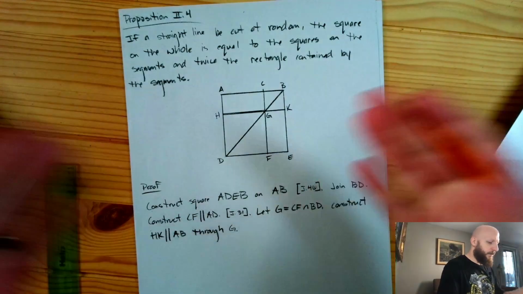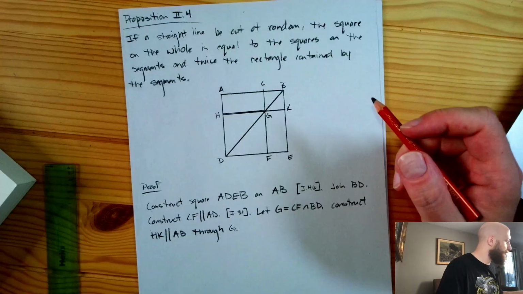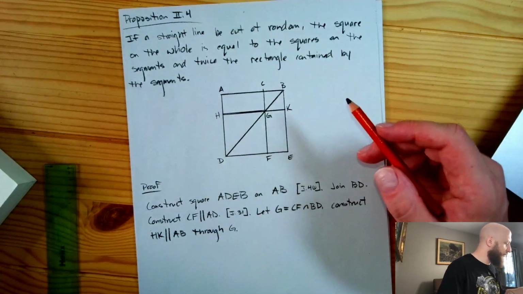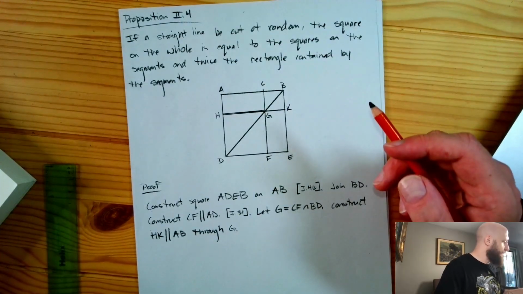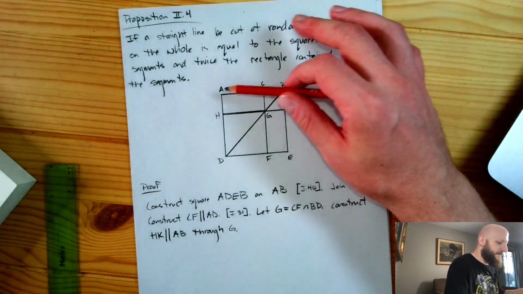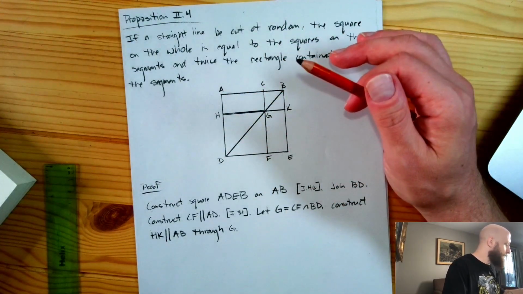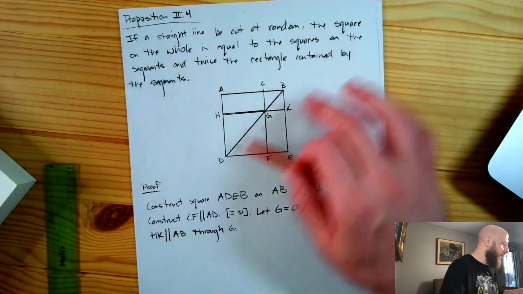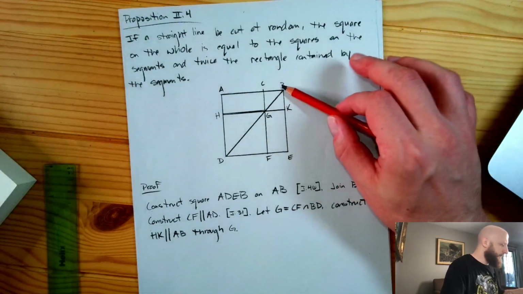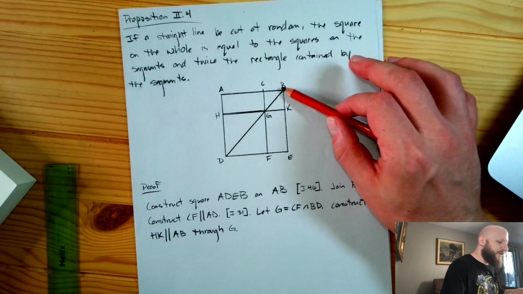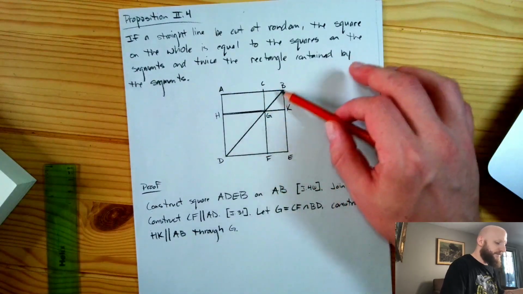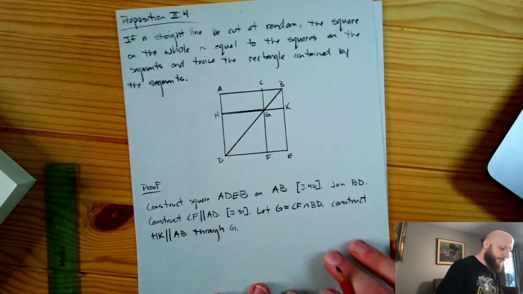So the setup is all there. And we just need to prove that everything equals what we said it's equal to. All right. So since CF is parallel to AD, and we have BD falling across them, we have that angle CGB is equal to the interior and opposite angle ADB. So CGB is equal to ADB.